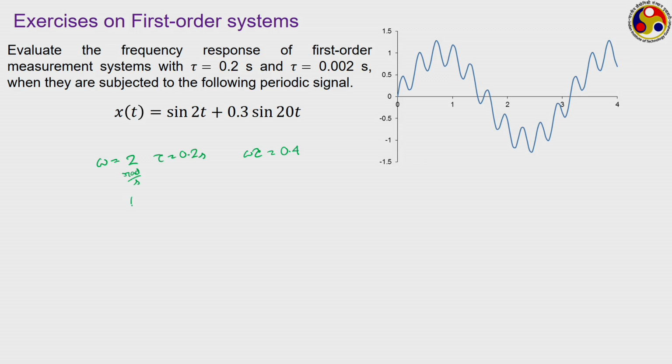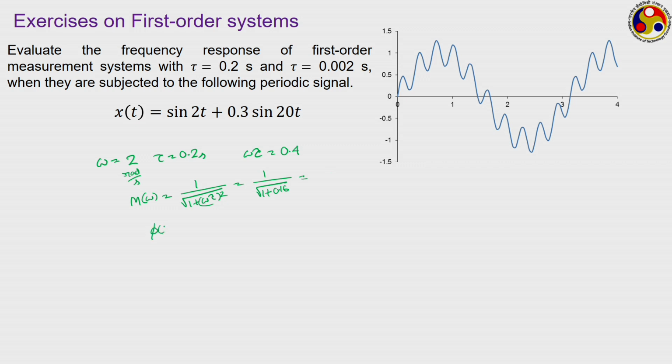Your amplitude magnitude ratio M omega is 1 by root over 1 plus omega tau whole square, that is 1 by root over 1 plus 0.16. Some value will be coming. I do not have a calculator here, so I can't calculate the value.